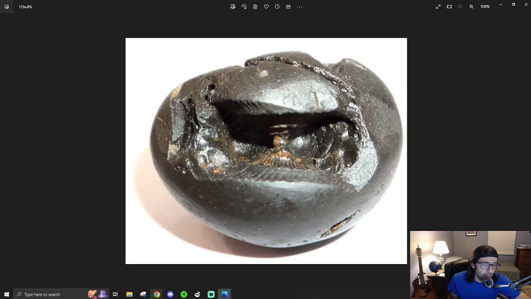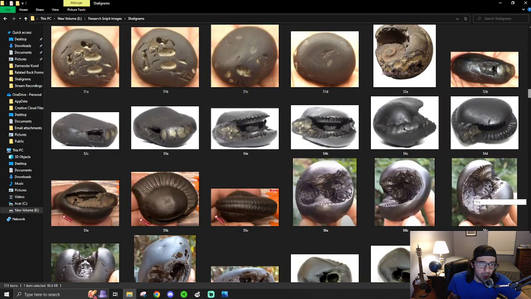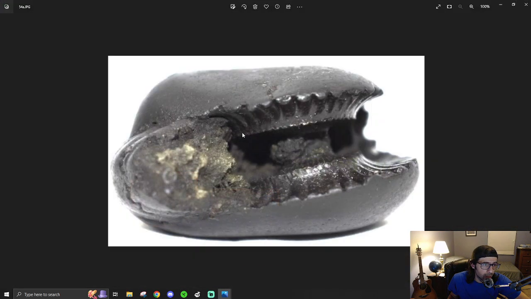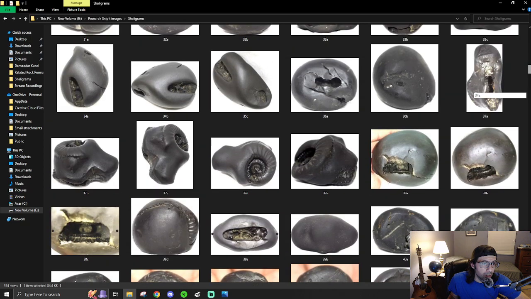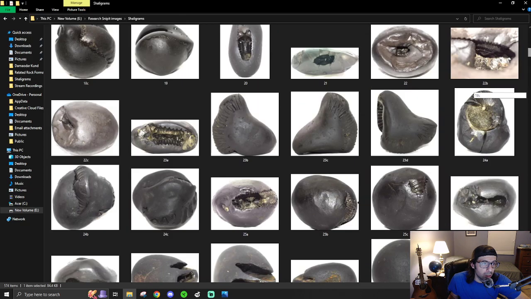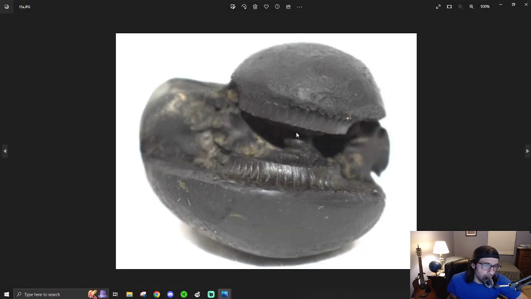This one I found interesting because it reminds me of this one, which has two particles splitting. Pardon me. This one, just a particle.